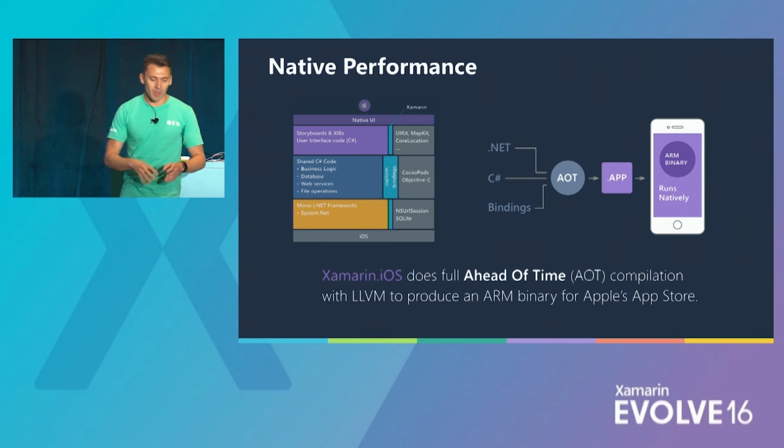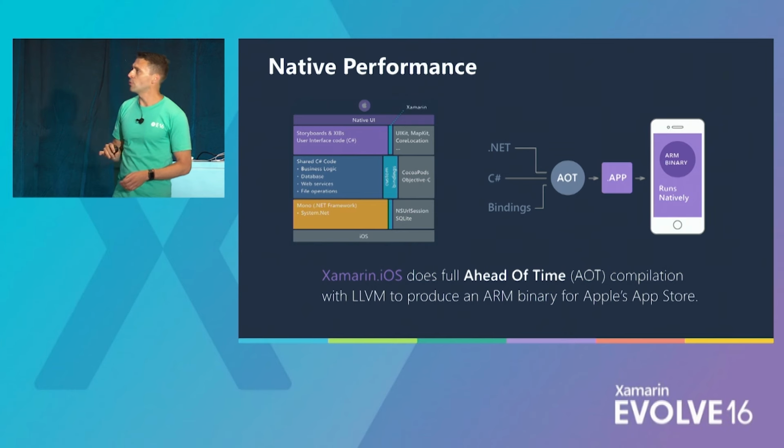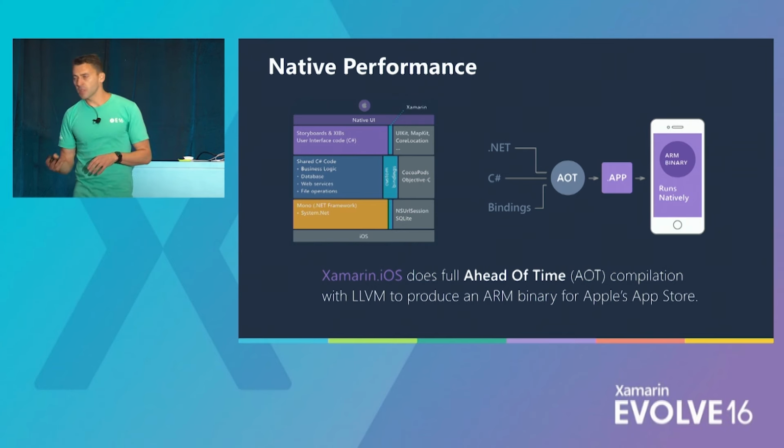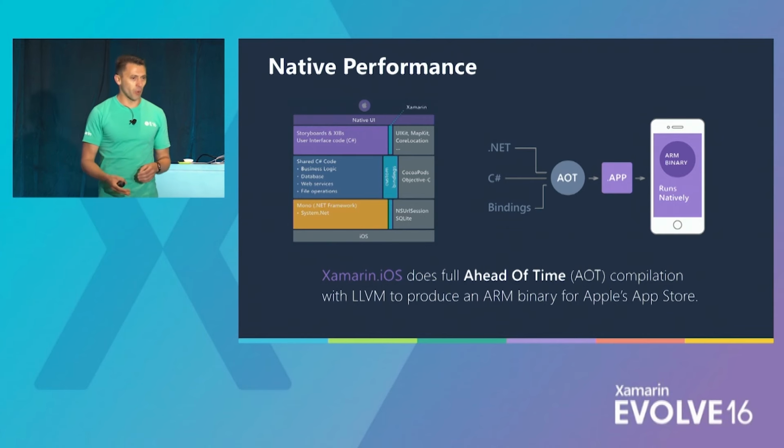And I'll finish talking about how it works quickly just by mentioning, again, you've seen this slide before, not only is it a native user interface that your clients are seeing when they're using your applications, it's native performance.